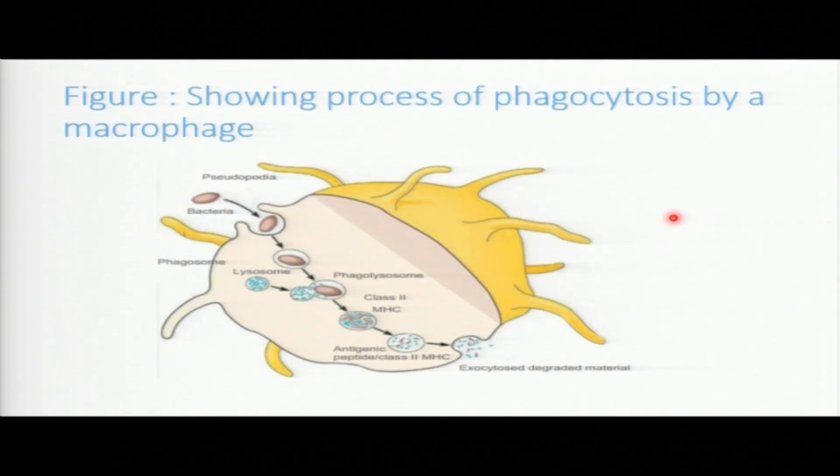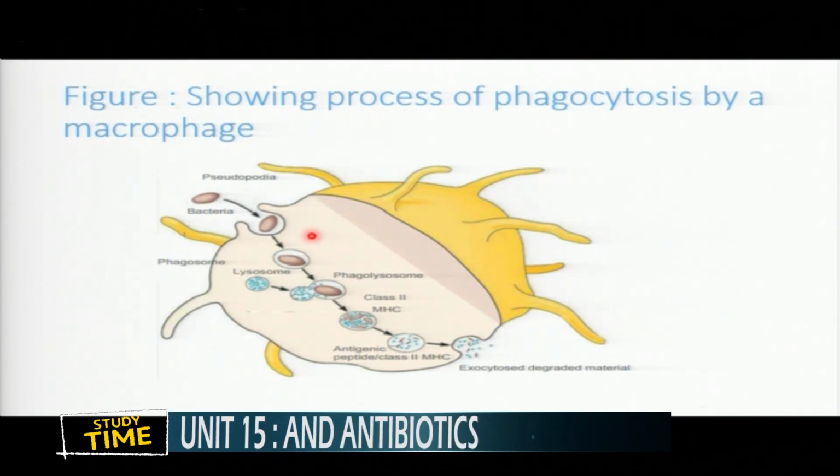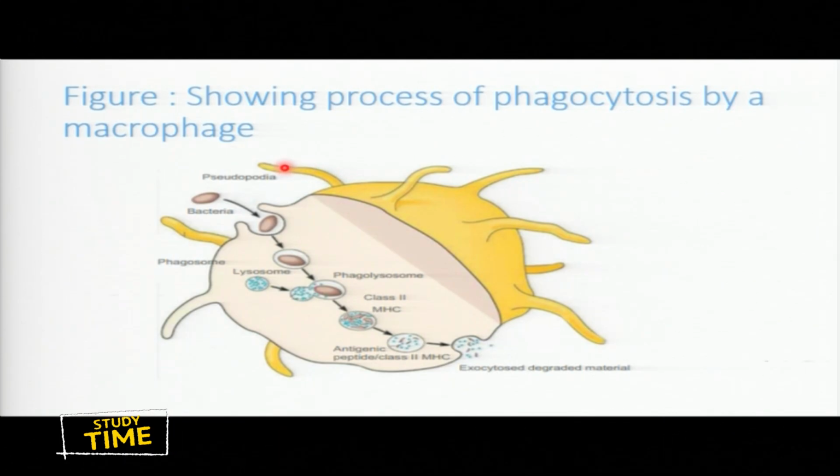So now, this diagram is showing how phagocytes are working. This is the process by which the white blood cells engulf and kill pathogens, kill germs, called phagocytosis. So, suppose this is our white blood cell.